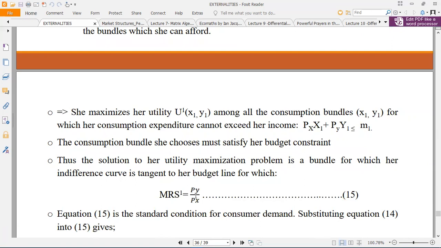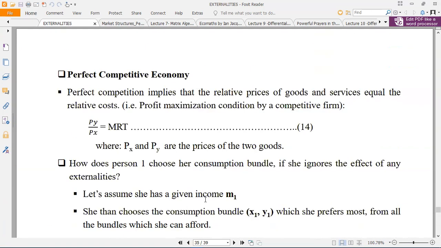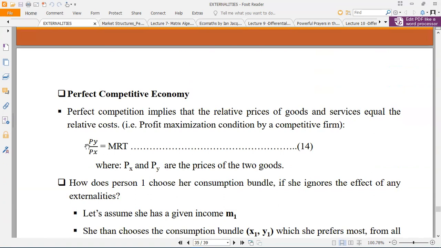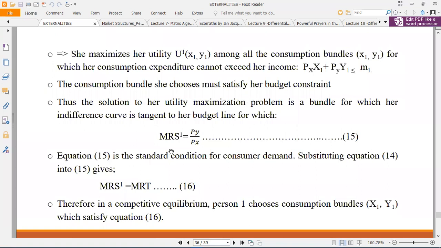So from the consumer's perspective, the marginal rate of substitution should be equal to PY over PX. If we compare this condition to that of the producer, where PY over PX is equal to MRT, it means that MRS should be equal to MRT. This is under competitive equilibrium.